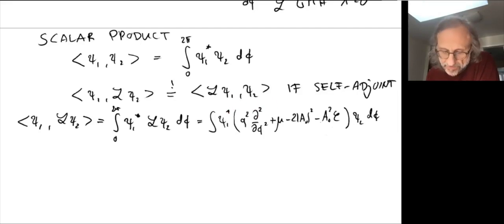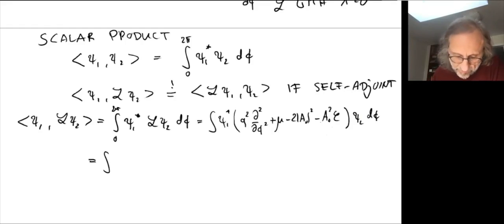So this term here is self-adjoint. We can simply roll it over. Maybe I should start writing it so we don't have to say so much. So I have here therefore a q squared d2 d phi squared of psi1 star.